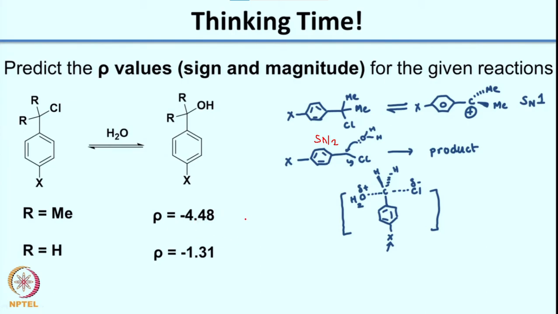As I told you, if we plot the graph here, we have 0, electron withdrawing on one side, 0, electron releasing on the other, and this is our Hammett rho value, log Kx by Kh.